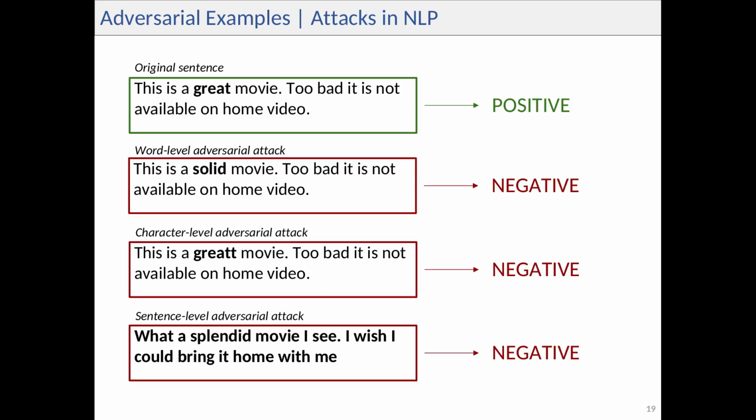In this case, what a splendid movie I see. I wish I could bring it home with me. And what you see from sentence level attacks is that they're often weird, like they don't sound natural at all.